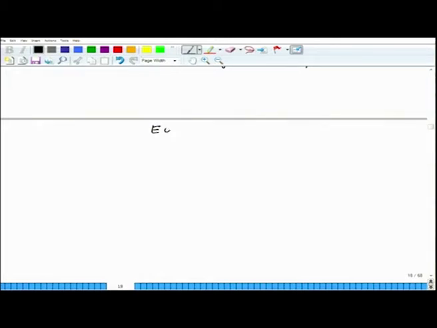Okay. So we are going to continue this exercise now, and look at Euler's theorem for homogeneous functions. Now, this is an important component of classical thermodynamics.